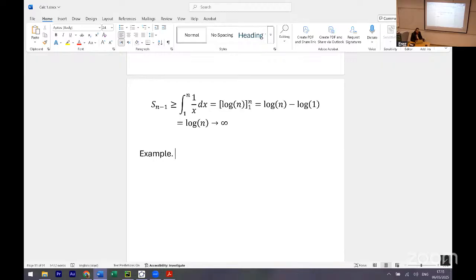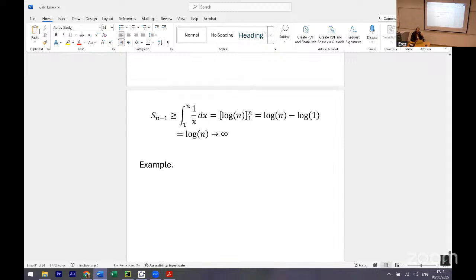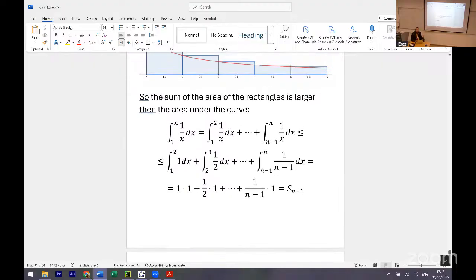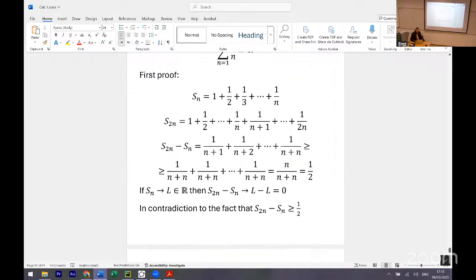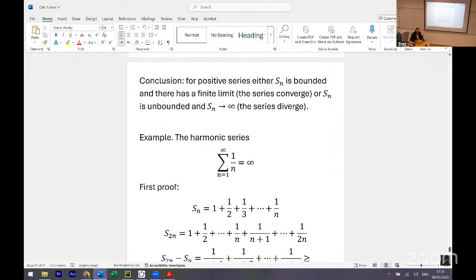The harmonic series is already redundant, and I'll do another redundant example. Why? Because we will later prove a theorem about the general harmonic series, that the sum of 1 over n to the power of p converges if and only if p is larger than 1.